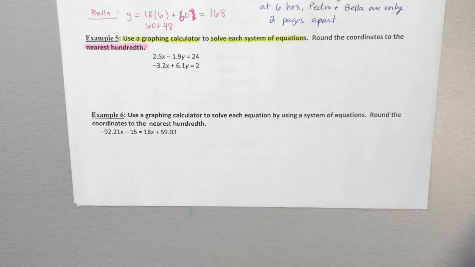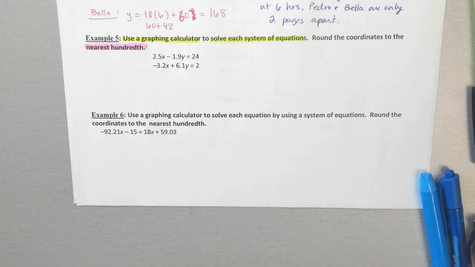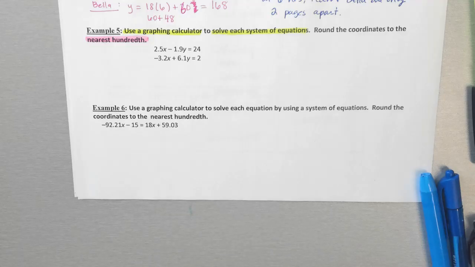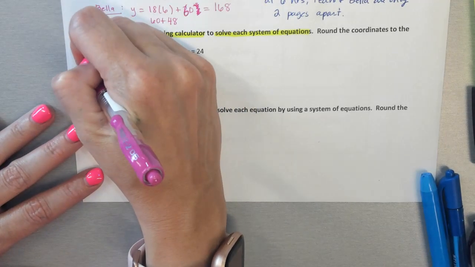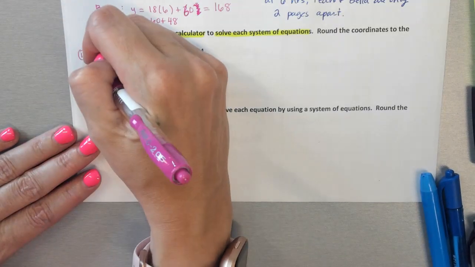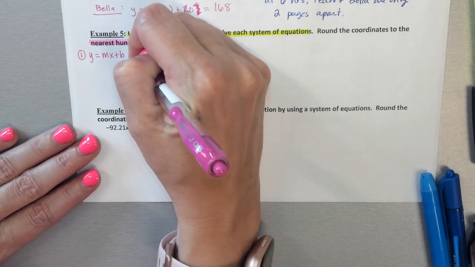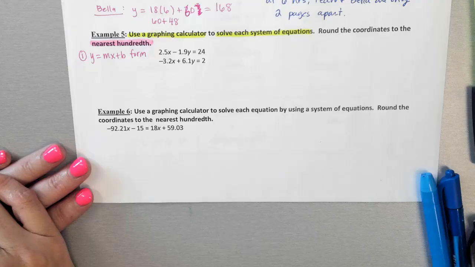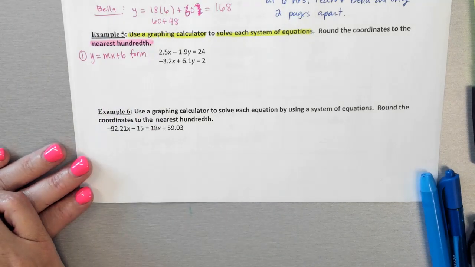I'm going to write out for you the steps that you're going to have to take in your calculator. The first thing we're going to have to do is put them in the form y equals mx plus b. So write these steps out with me. The first thing is in y equals mx plus b form.